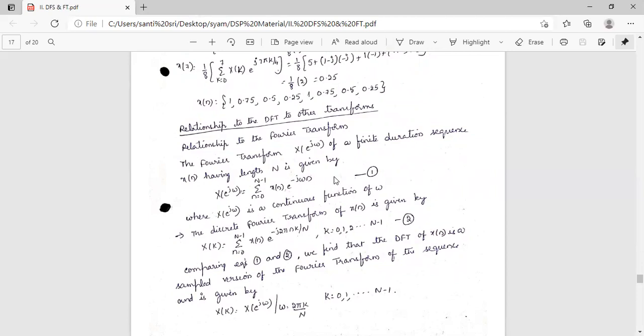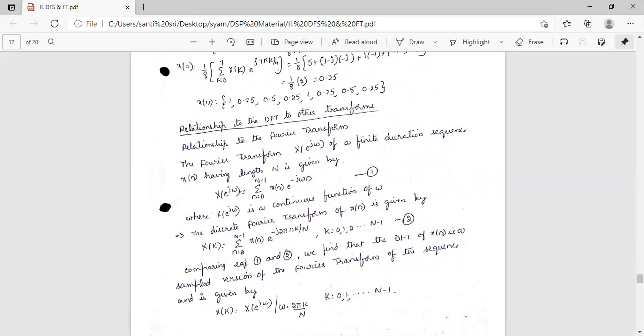Okay, so now compare these two equations. We find that the DFT of x of n is a sampled version of the Fourier transform of the sequence. If this omega is replaced by 2 pi k by n, then these two are equal, where k is equal to 0 to n minus 1.